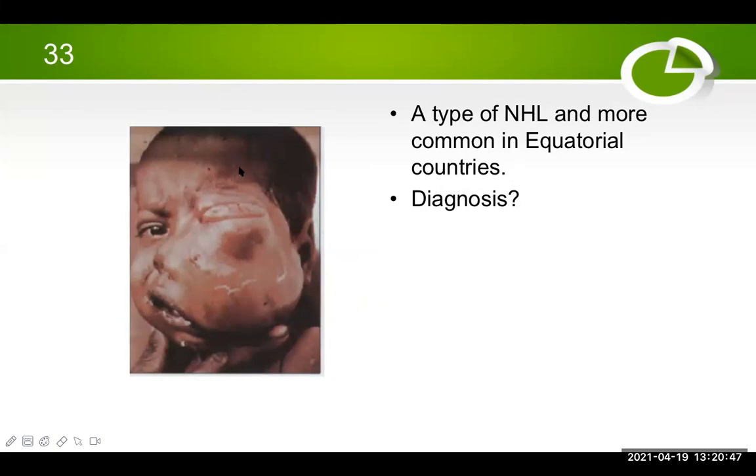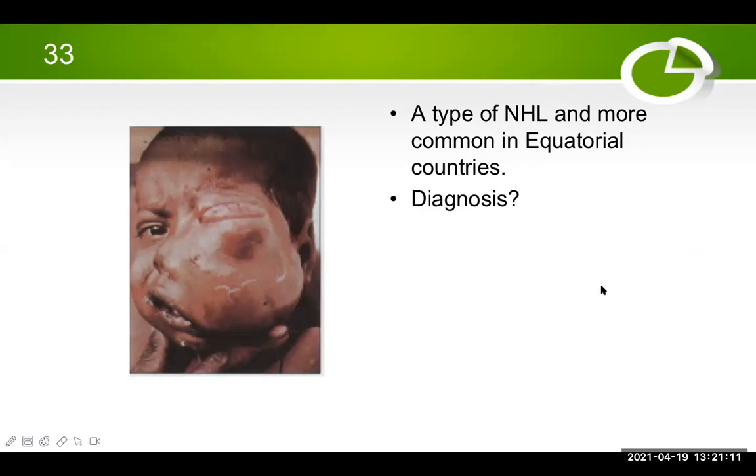A huge growth may occur from the orbit, not exactly on the cheek area, but somewhere here. So look at your question clearly and answer properly. Sometimes you may be confused. This is clear-cut non-Hodgkin's lymphoma, so it has to be Burkitt's lymphoma. Retinoblastoma is not a type of non-Hodgkin's lymphoma.